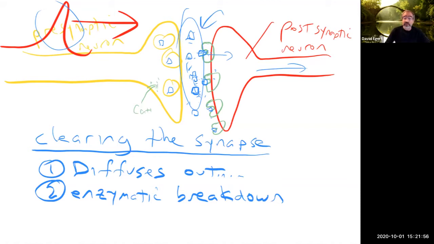A classic is acetylcholinesterase. At a lot of acetylcholine synapses, there's actually an enzyme anchored on the membrane that chews up the acetylcholine. So after the acetylcholine gets released and starts doing its job, it's now getting broken down by enzymes in there, so it starts to disappear right away.